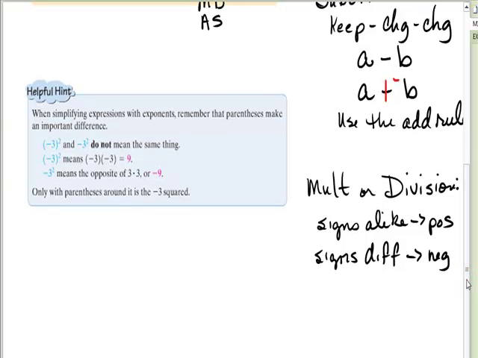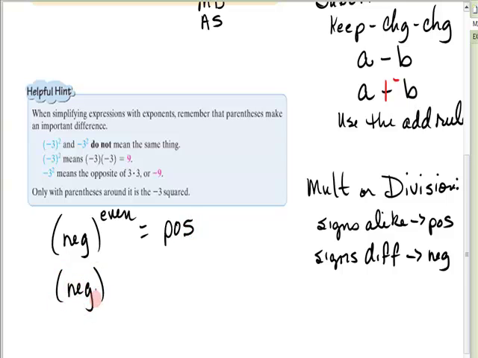Then finally, I will mention something that's over here in this helpful hint. If you have a negative base, let me write it differently. If you have a negative base and you raise it to an even power, you get a positive. If you have a negative base and you raise it to an odd power, you get a negative.